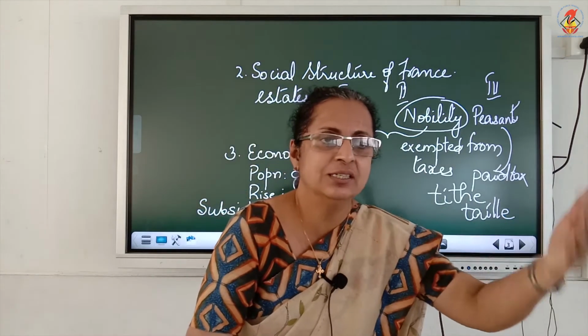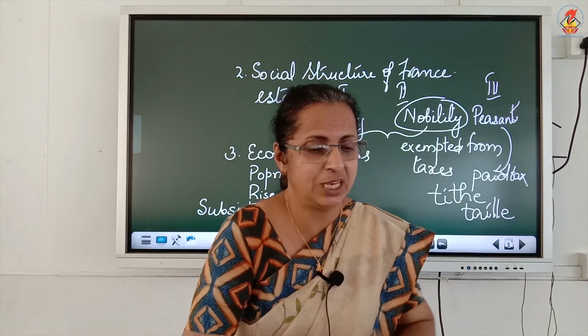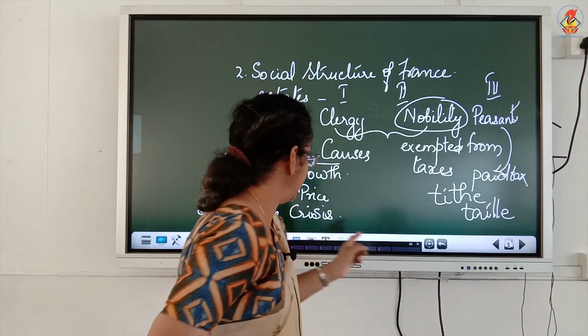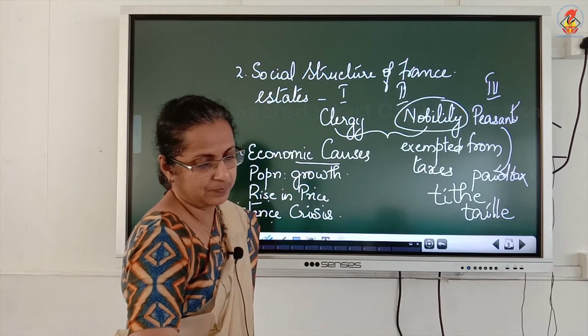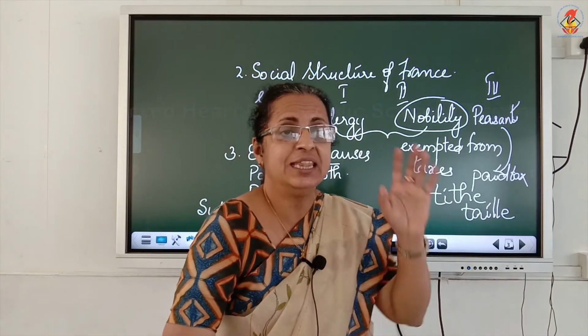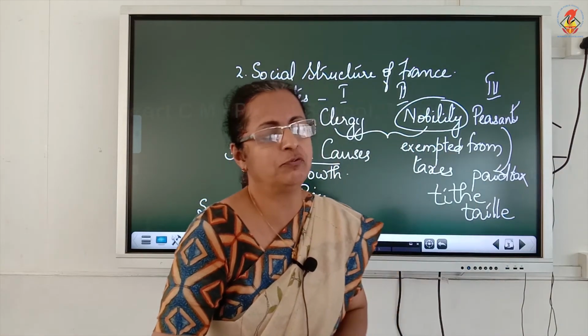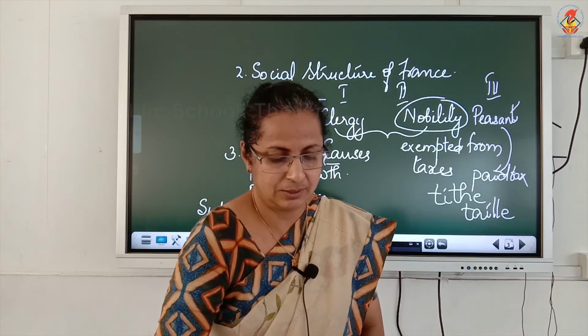The situation worsened with crop failures, and this led to the subsistence crisis, which is really a bad situation where the basic means of livelihood of people is in danger or under threat.